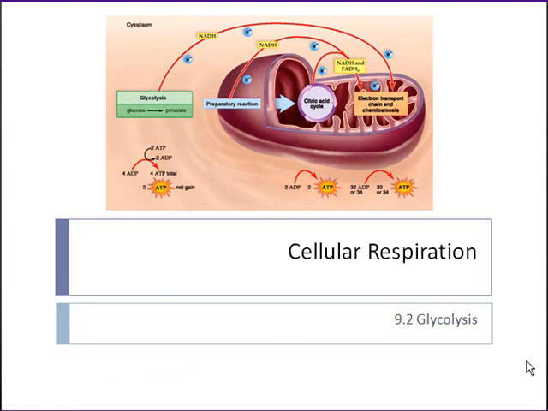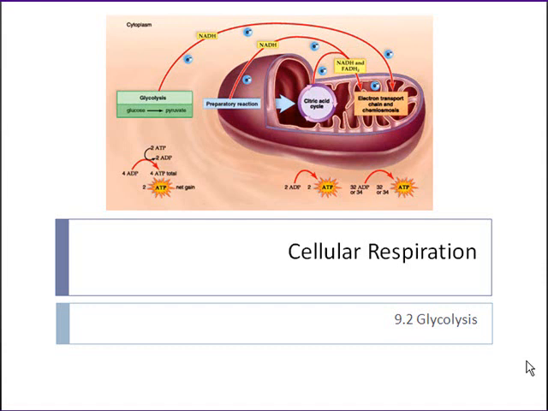As I said previously, there are 3 distinctly different phases to cellular respiration. And remember, of the 3 definitions of cellular respiration, we're talking about the definition of respiration that discusses consumption of oxygen molecules and the production of carbon dioxide molecules. The first step of cellular respiration is this event called glycolysis.